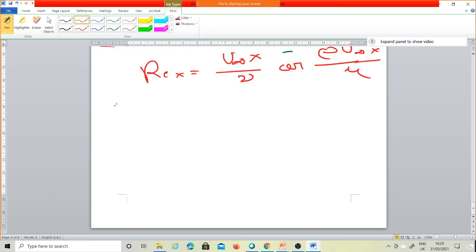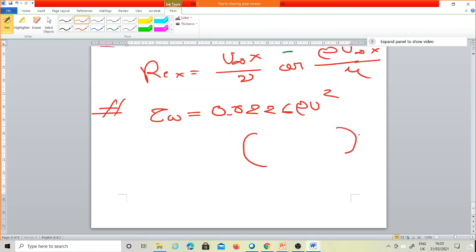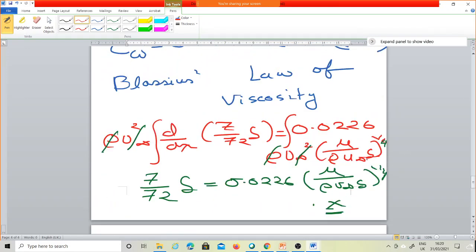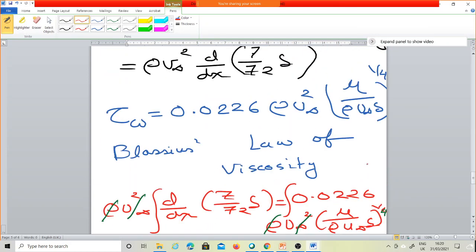So shear stress, you know the expression is according to this Blasius form, 0.0225 rho u square, and then you have the expression here to the power 1 over 4. So you have this rho u, so you just put the value of delta in this equation.